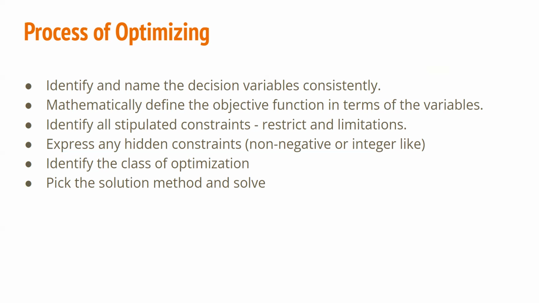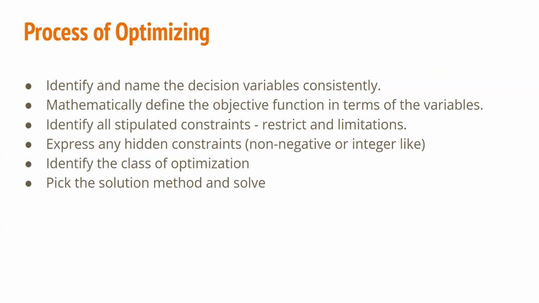Once the decision variables, objective function, and constraints are identified, the next step is to identify the hidden constraints, or the non-negative constraints, which you have to assume by default. So these four components are now identified, and you have written them clearly in the form of equations or variables. Next is to identify what kind of optimization it is.